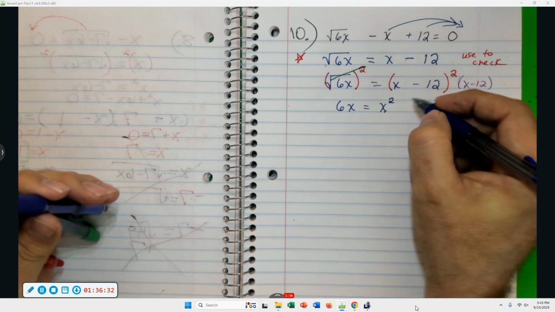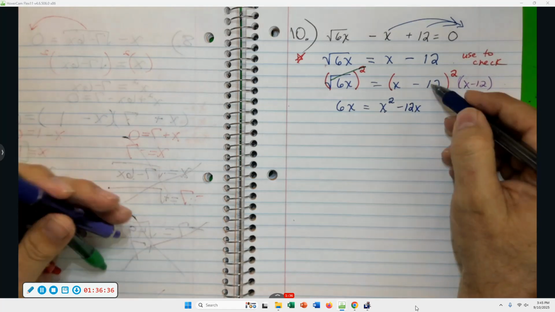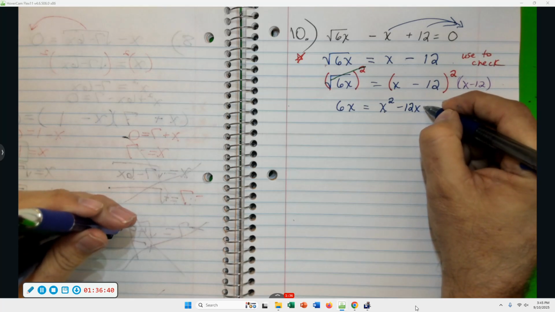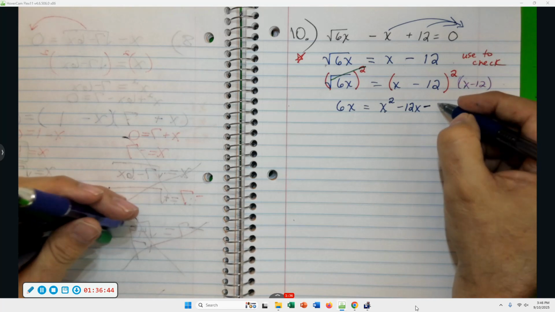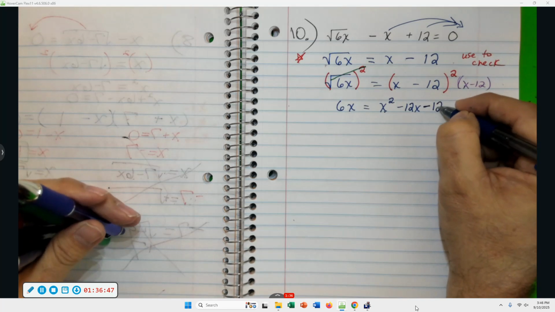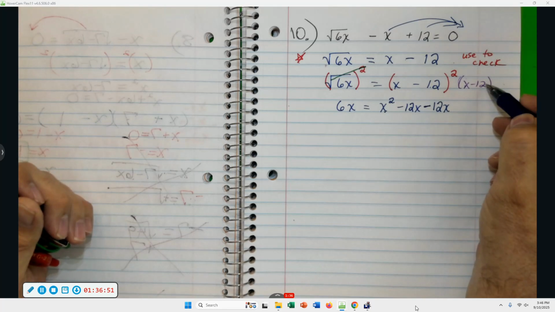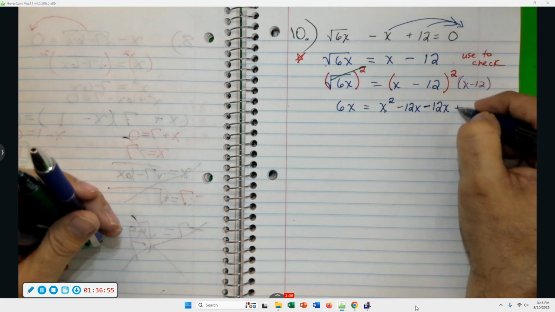Then outer would be a minus 12x. What's the inner product going to be? Negative 12 times x. Last, negative 12 times negative 12 is a positive 144.